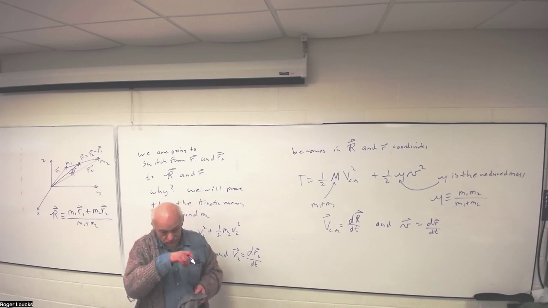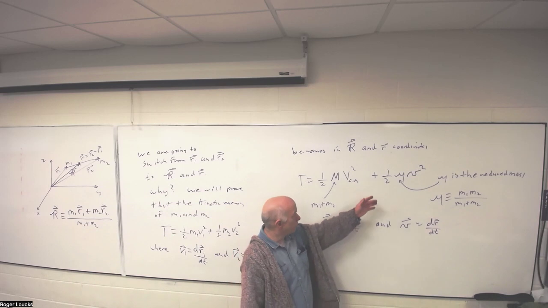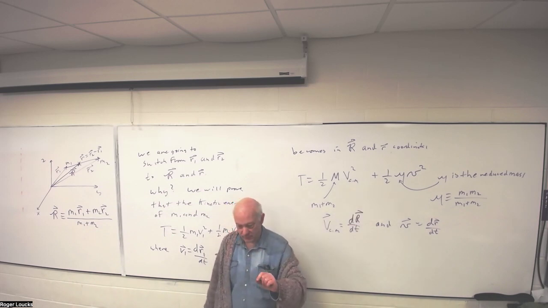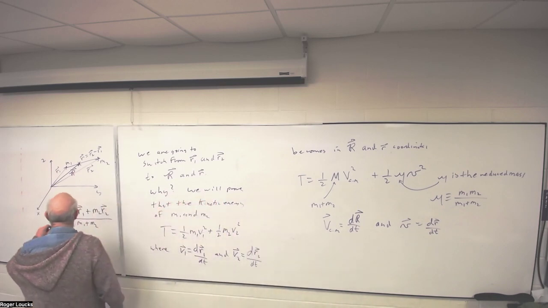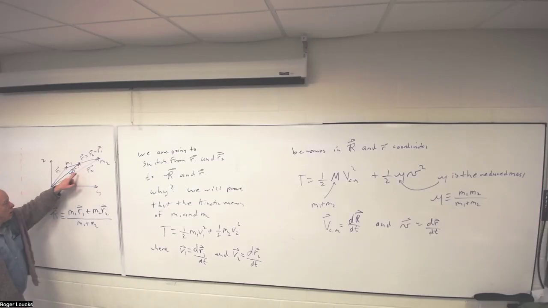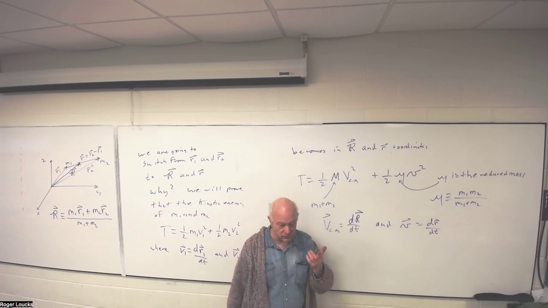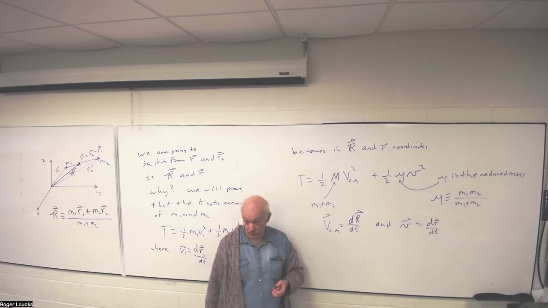Now you could say, well, who cares if I write the kinetic energy like this or like this? Here's the amazing thing. I can go to a coordinate system where the center of mass is at the origin. So I can put that center of mass at the origin. In other words, it's a constant. And if it's a constant, then what's going to be the velocity of it? 0.